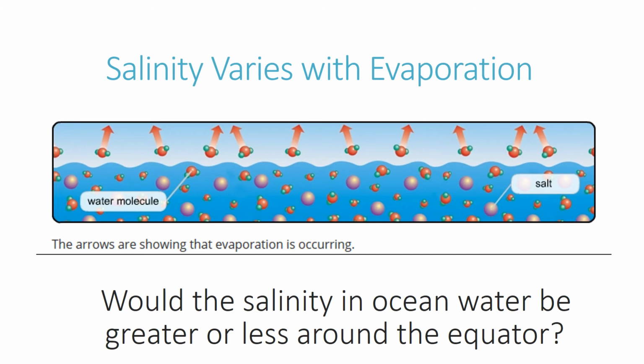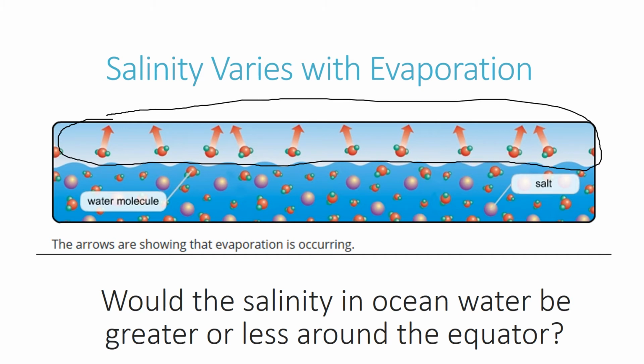Salinity varies with evaporation. If you look at the diagram on the screen, the arrows represent where evaporation is occurring, here at the top. Heat is transferred into the water, and we know that water vapor is now rising.